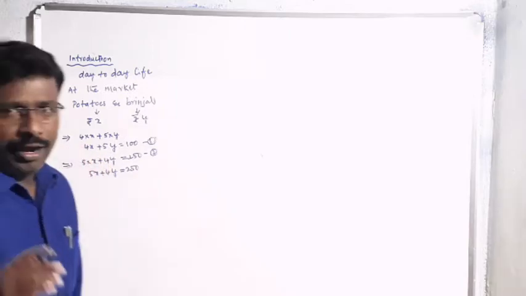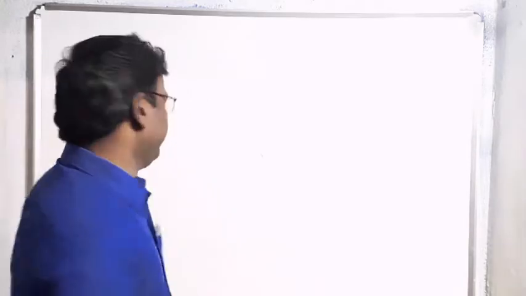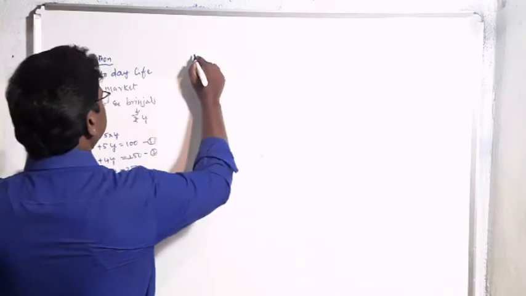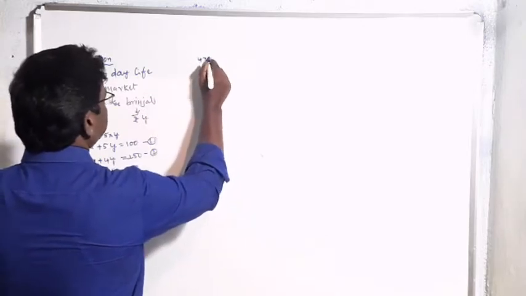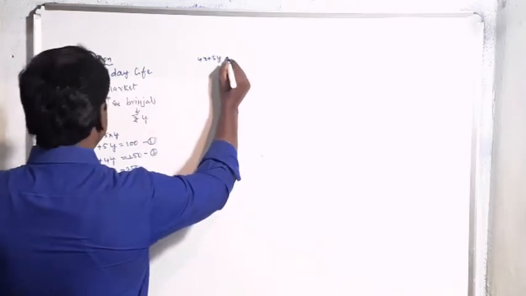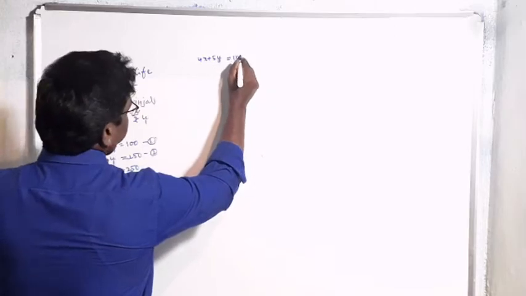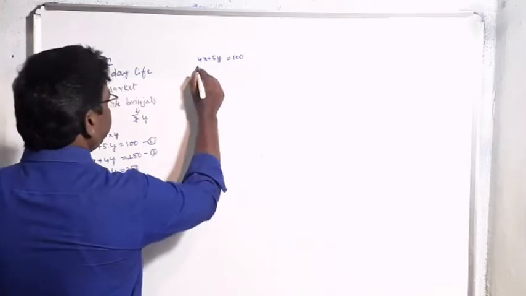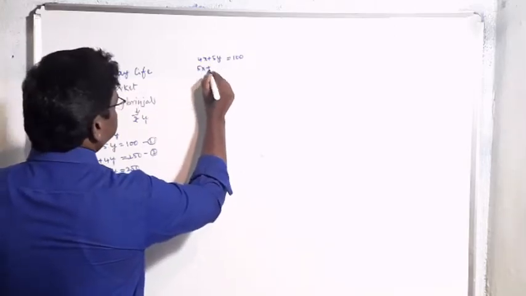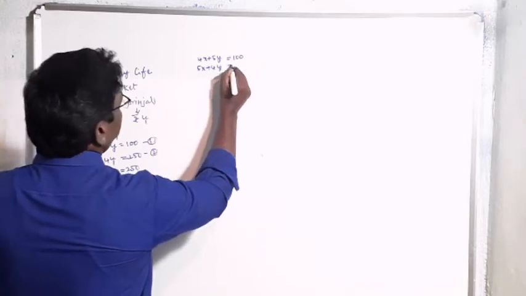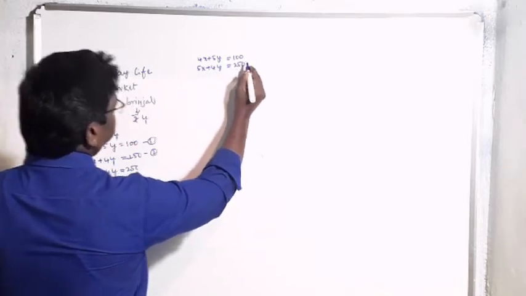Here I got two equations. What is the first equation? 4x plus 5y is equal to 100 and 5x plus 4y is equal to rupees 250.